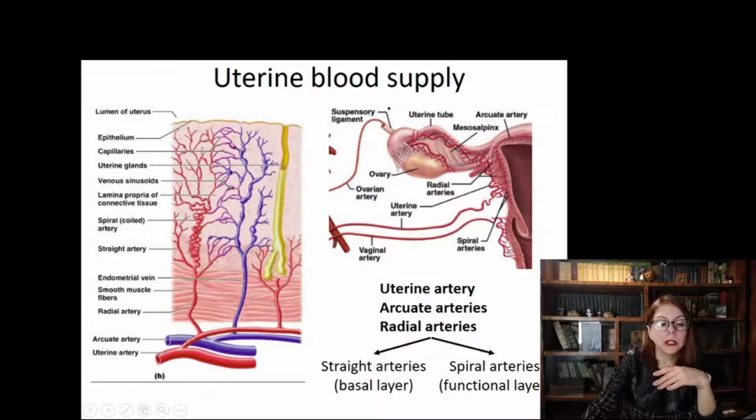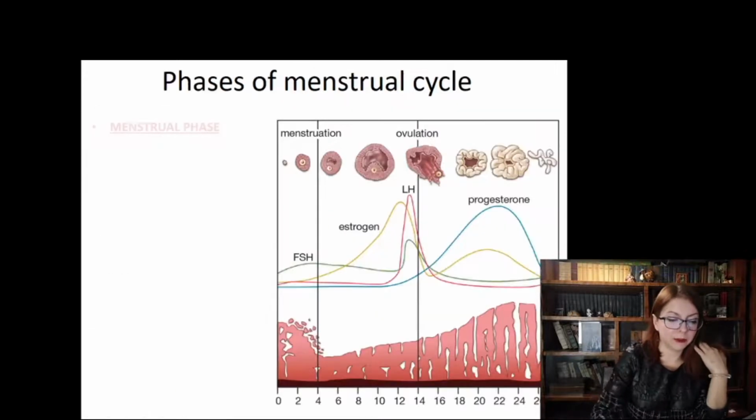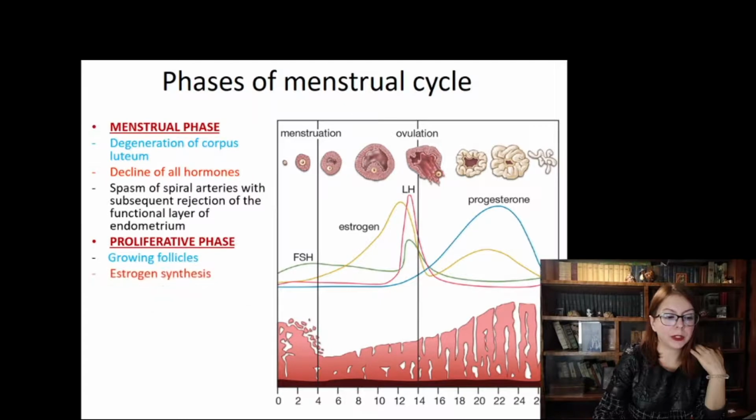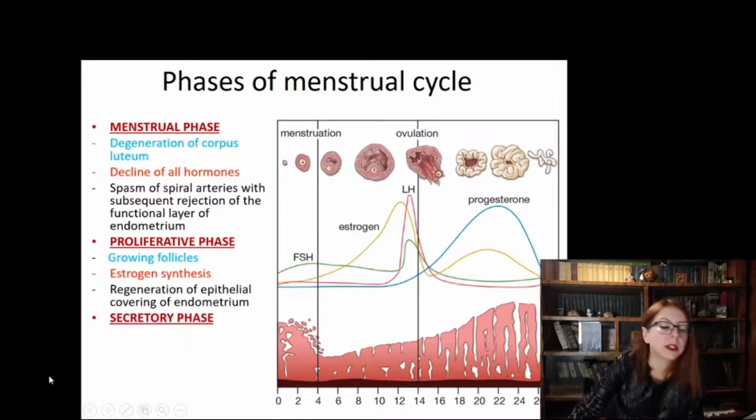Exactly out of here, epithelium migrates to re-establish the epithelial covering of the endometrium. So next phase and the last phase is the secretory phase, and here it is.